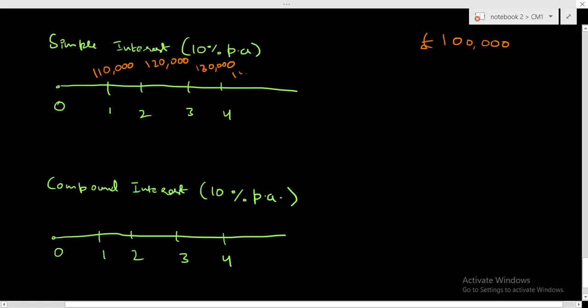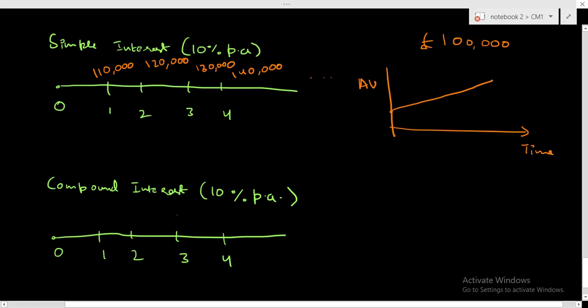It becomes 140, so on and so forth. So every time only 10% of the original amount, that is the principal, is added. If you see, the accumulated value with time is growing linearly. At time 0 it was 100,000 and then it grows in a linear way.